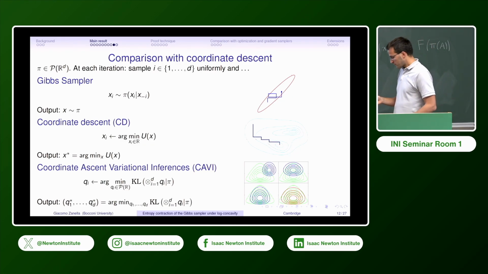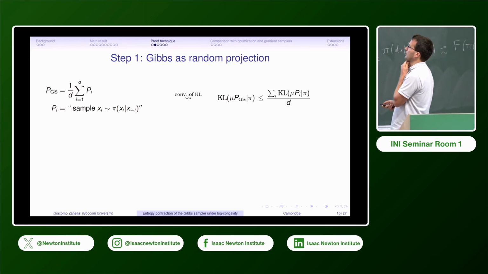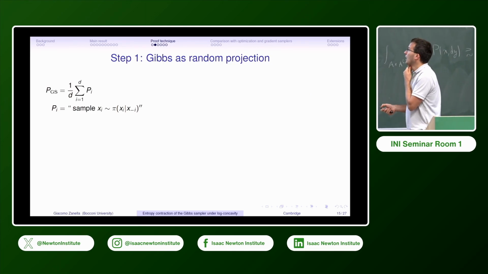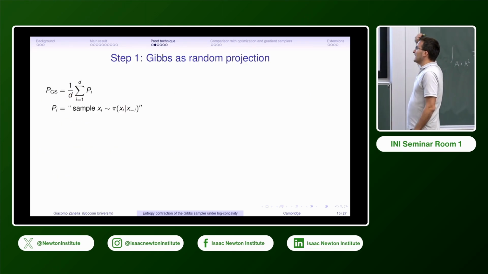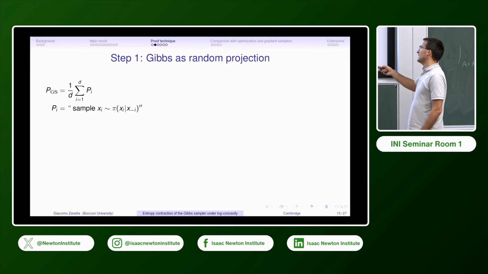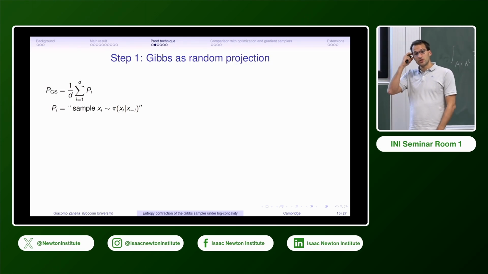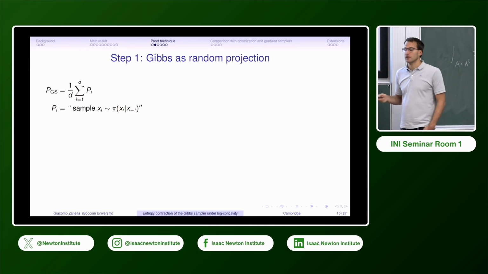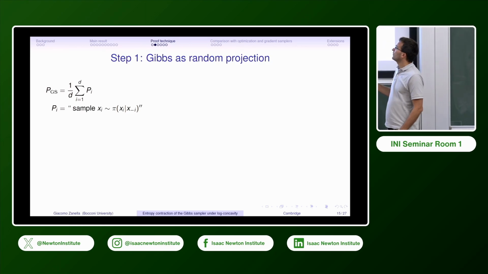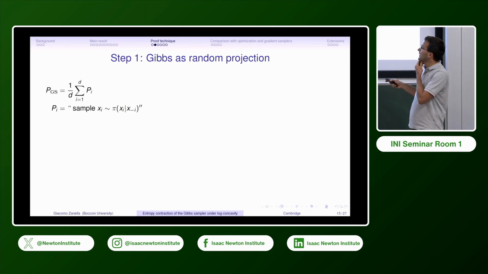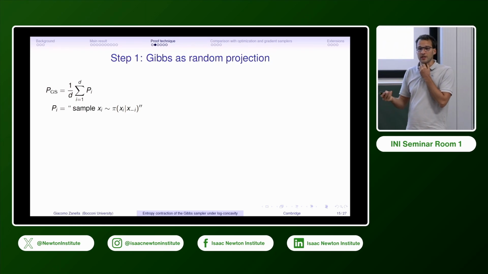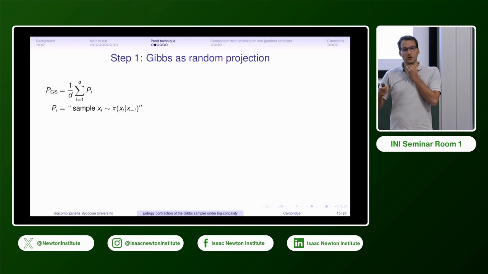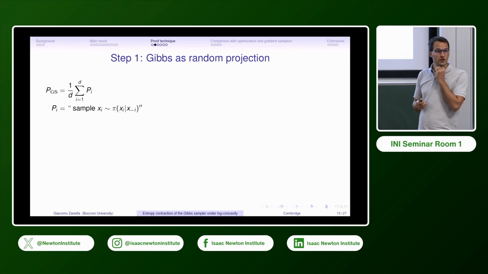Okay, so let's go a bit into the proof technique. As I said, the Gibbs sampler is just a mixture of kernels. We have a kernel which is a mixture of conditional updating kernels, so you have an average, 1 over d sum over i, of P_i, where P_i is the kernel which does a conditional update. You keep x minus i fixed, and you update x_i from the so-called full conditional.